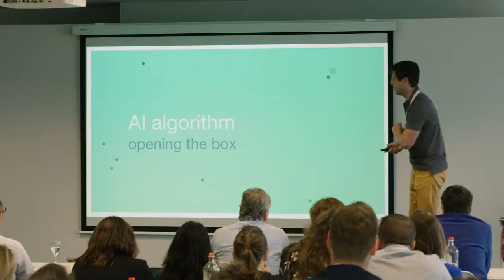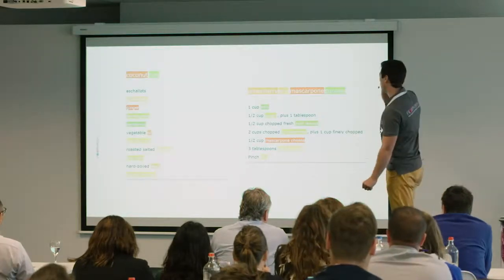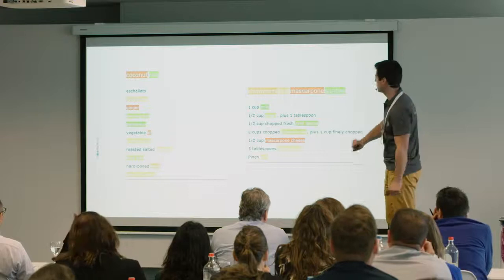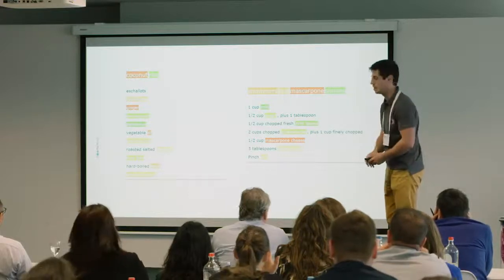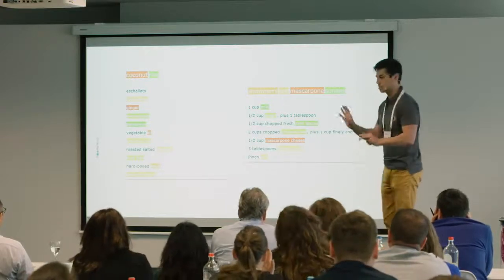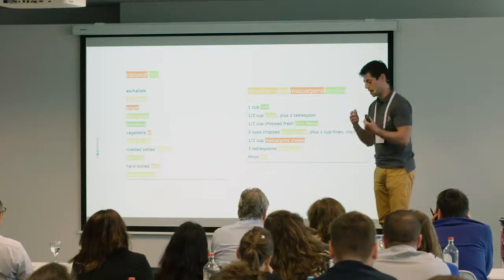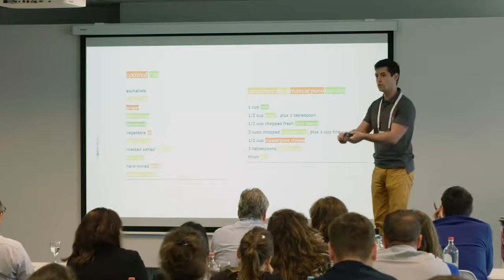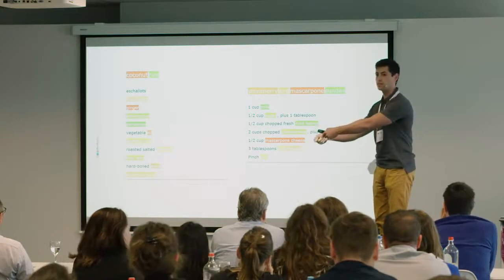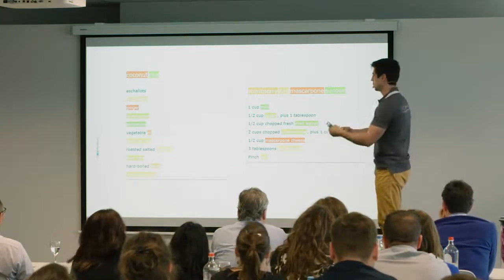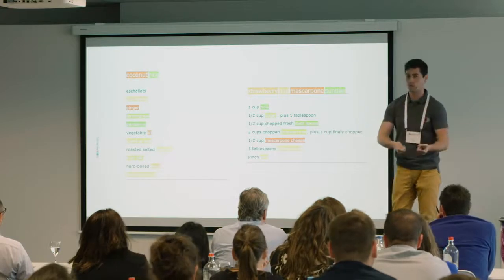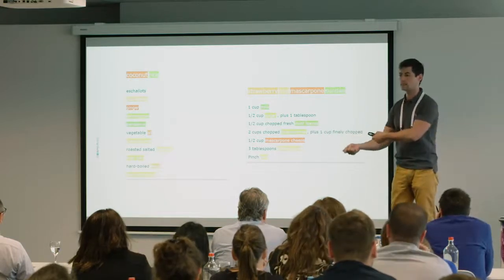So opening the box a little bit, I have added the coconut rice example here and the sundae example here. I asked the algorithm, but I looked into the algorithm and I have tagged the words that contribute to that decision in green and the words that dissuade it from going for that class in red.